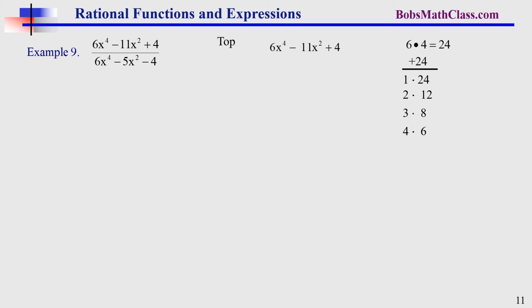Which pair will it be? Yeah, the 3 and 8. Both negative. Right. Factor out a 3x squared from the first pair and a negative 4 from the second pair.